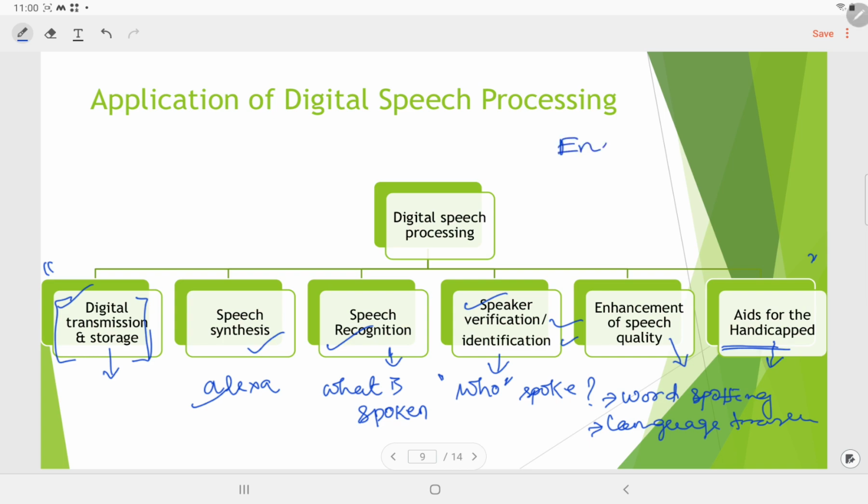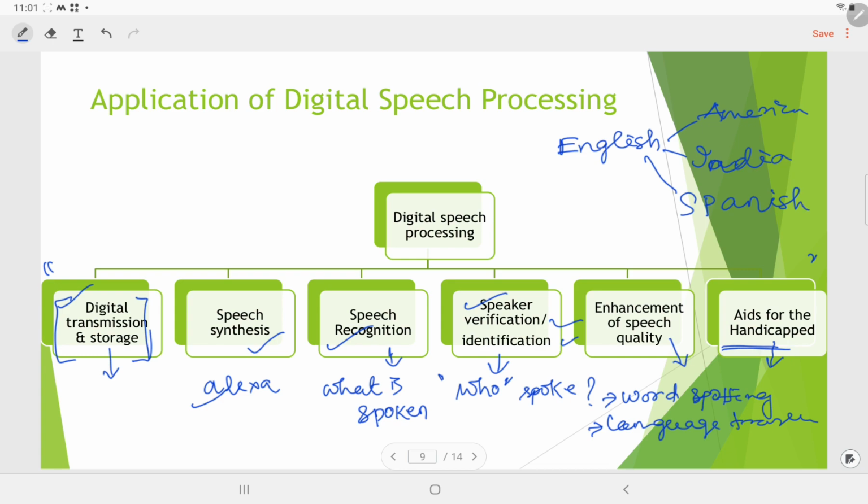Even suppose we consider the English language. Generally what happens, suppose an American speaks in English, and then an Indian speaks the same sentence, and a Spanish person also speaks the same sentence.